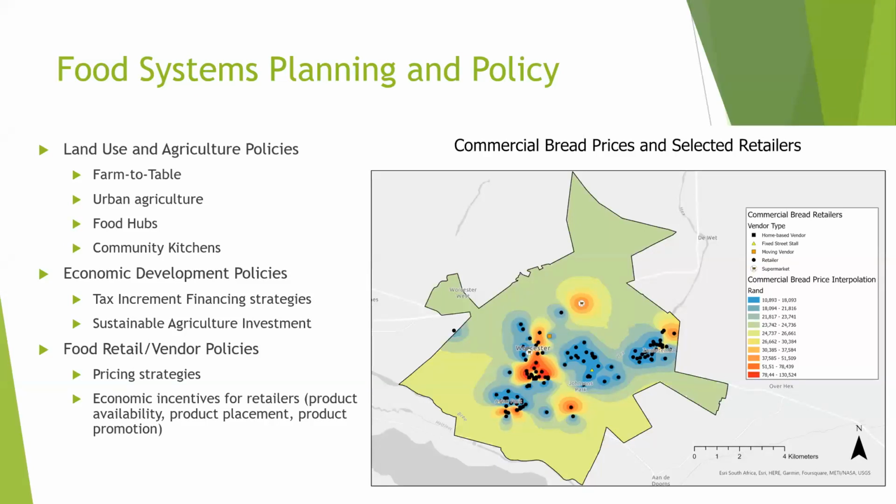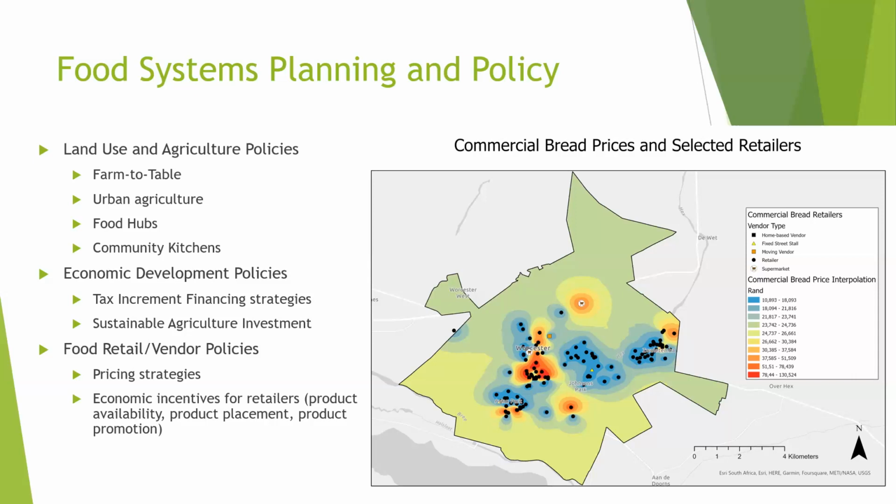Here we have an example of commercial bread prices. This is how much commercial bread costs in an area, and I used an interpolation of the cost of commercial bread in the city of Worcester. This tells you the types of retailers that are selling the bread and how much they're selling it for.